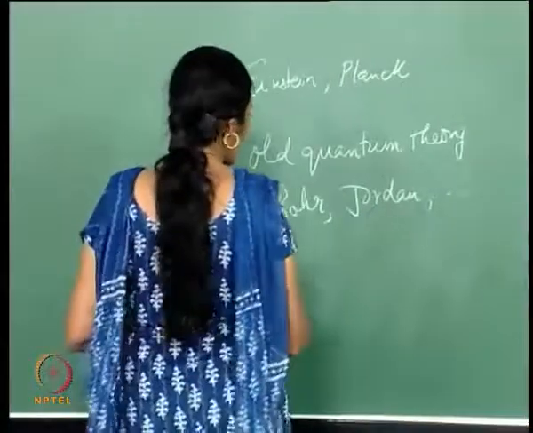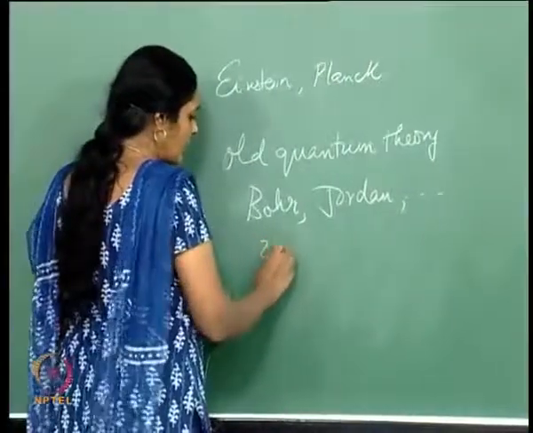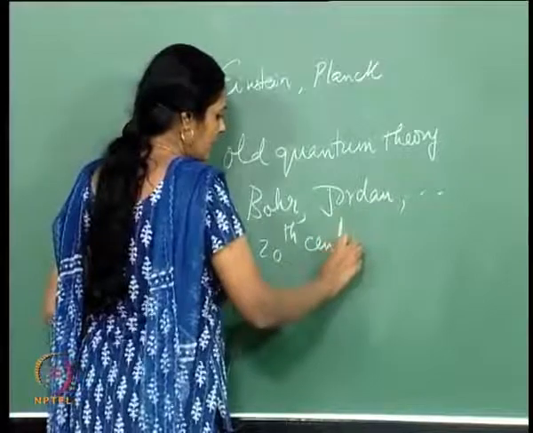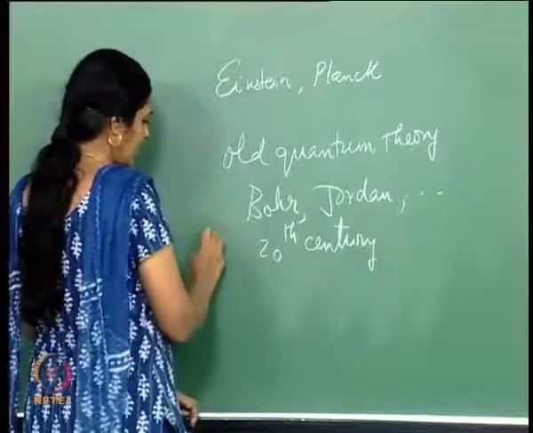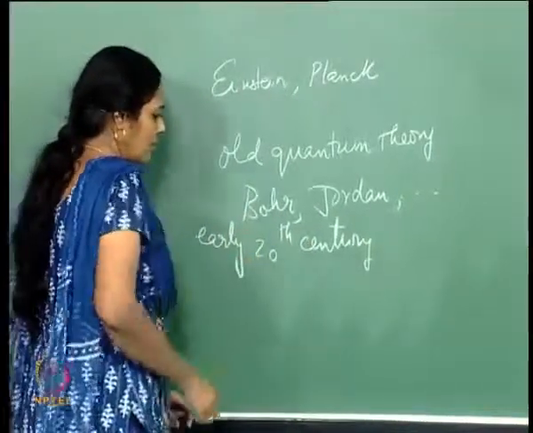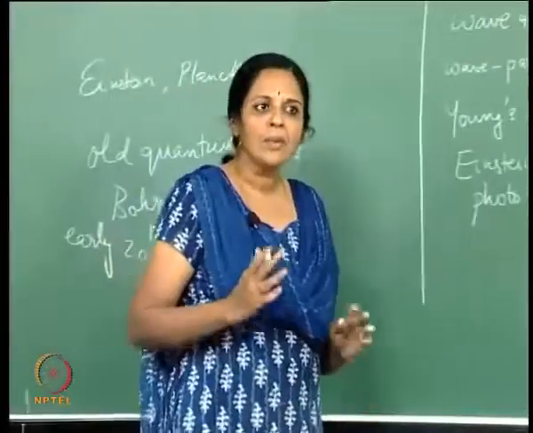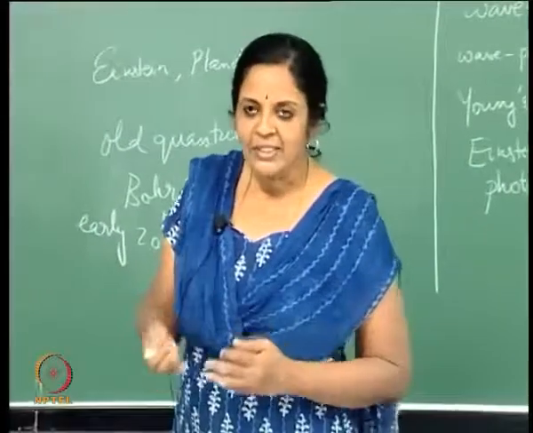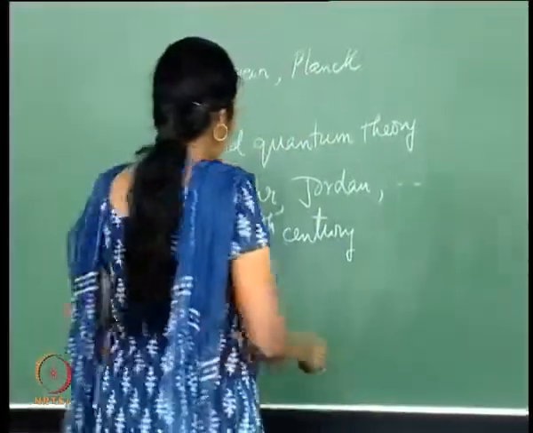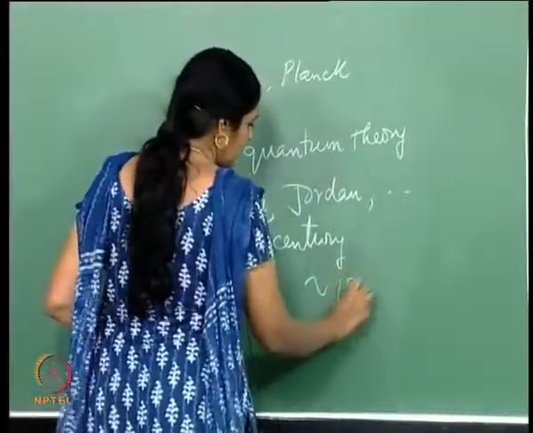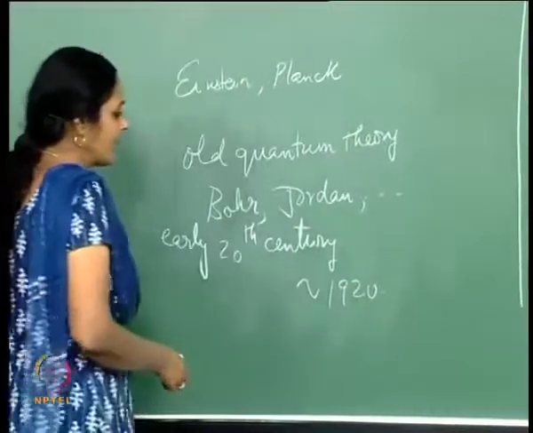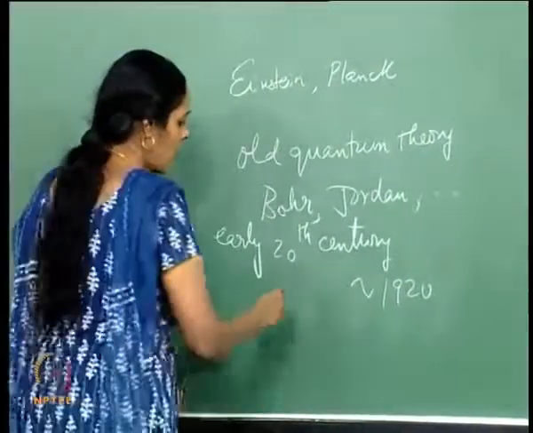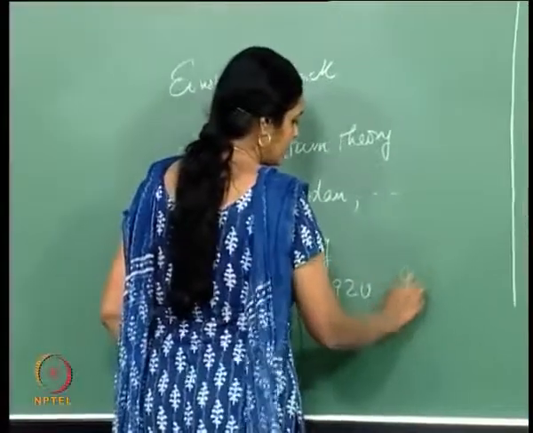This was a period in the early 20th century which was very dramatic, educative and revealing, because by the 1920s it culminated in what we now know as quantum mechanics.